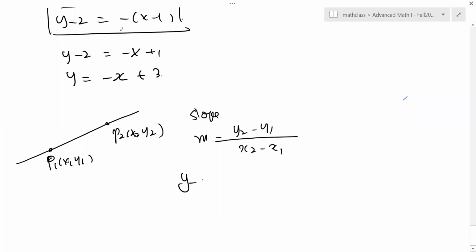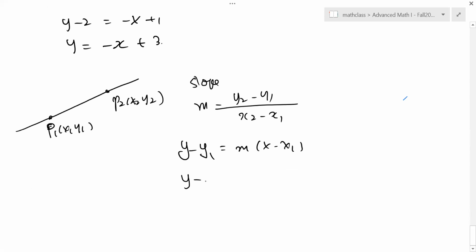And then for the equation, you can use any of the points: y minus y1 equals m times x minus x1. Conversely, if you write it in this form, the number in front of x is always the slope of the line.